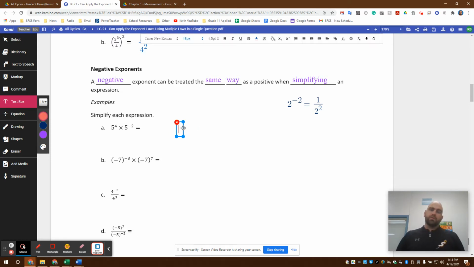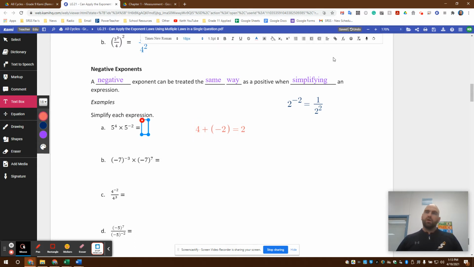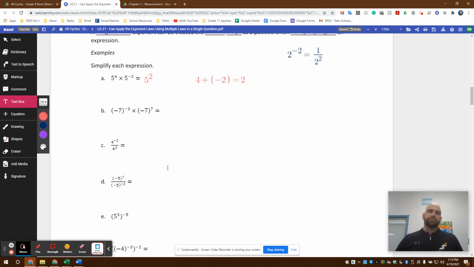Earlier, we would just take 4 plus negative 2, we would just add those together, except it would have been positive, so it would have gone bigger. In this case, a positive and negative, we're going to make it a bit smaller. Positive is bigger, so we're going to get an answer of 2. So that tells us that our new power is 5 to the power of 2. Again, we're doing the same thing that we did before, but now we're dealing with some negative exponents.